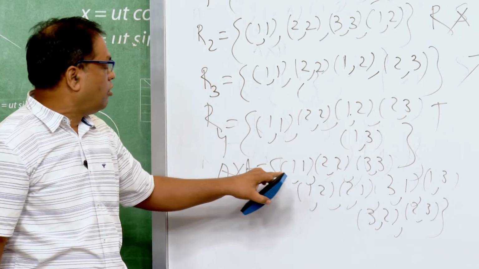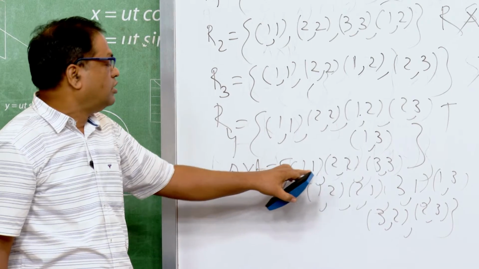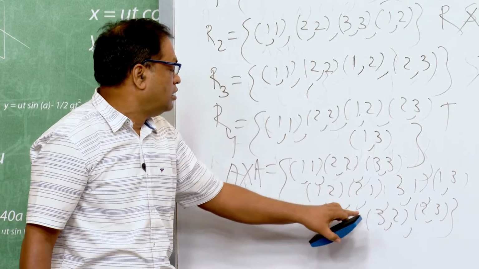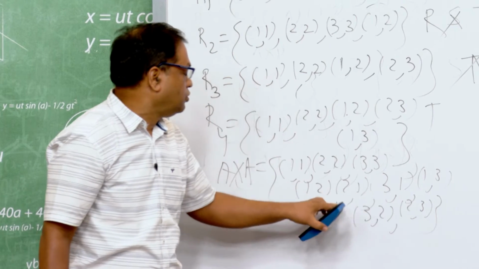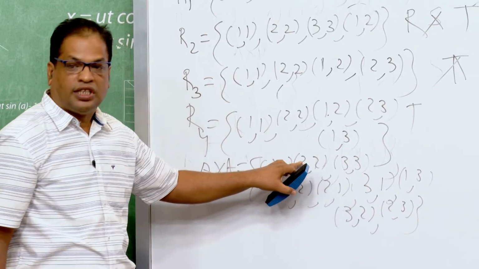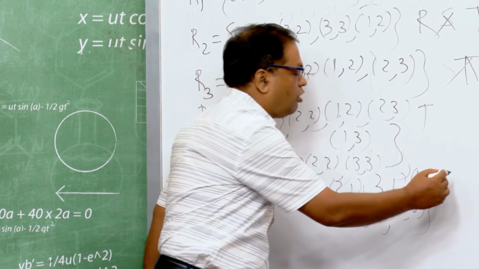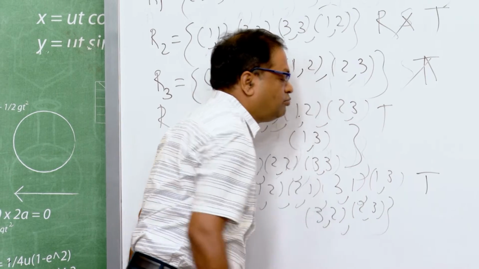Now, it satisfies all the conditions of transitivity. (2,3) present, (3,2) present, so (2,2) is there. Similarly, it satisfies for all ordered pairs. This is a transitive relation.